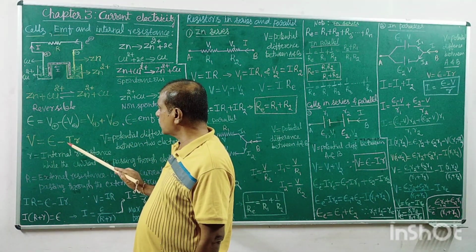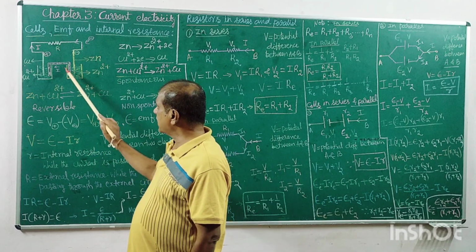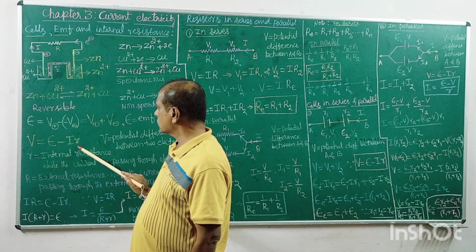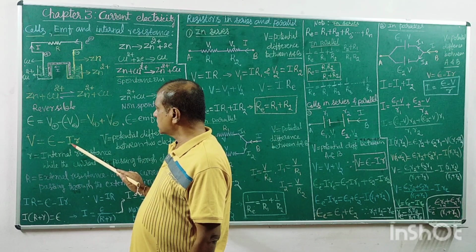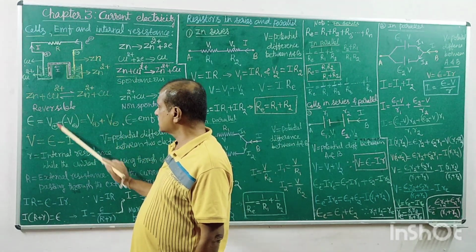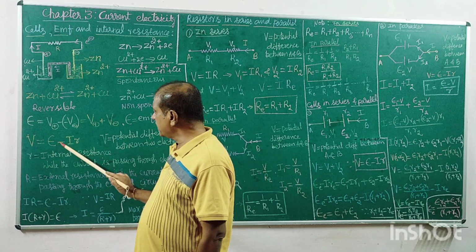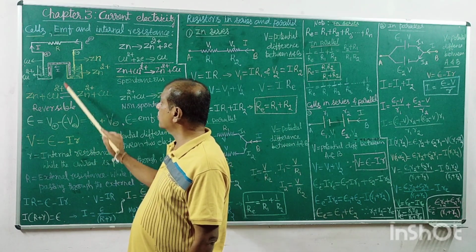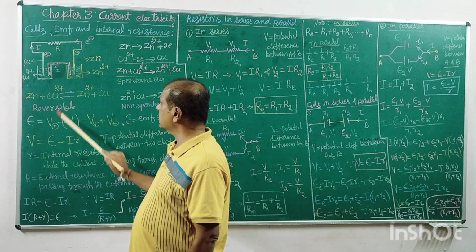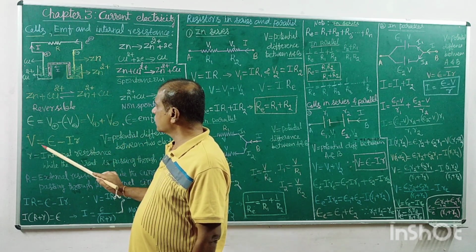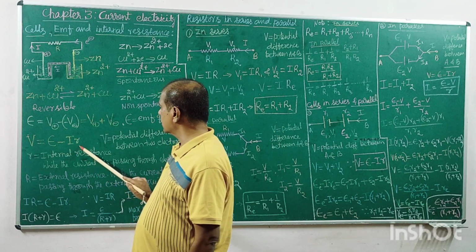According to Ohm's law, V is equal to IR. So this current flowing, I into R, is the potential drop because of internal resistance, minus IR. So minus this gives the net amount. What is the net potential? V is equal to epsilon minus IR.